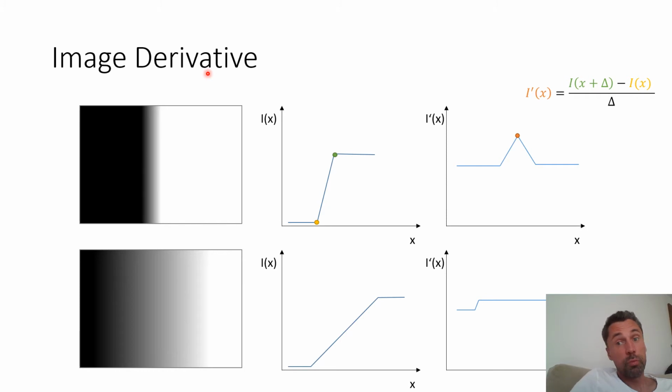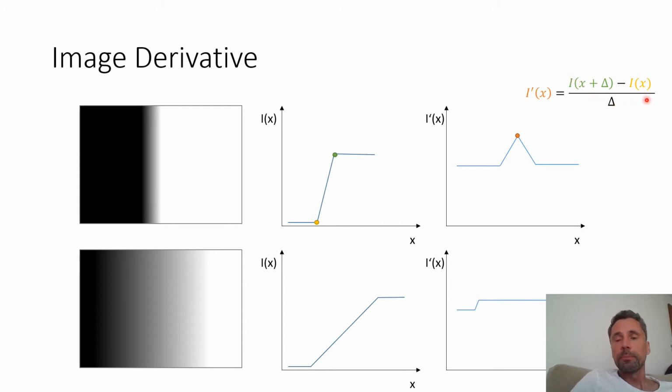And so what is this? Well, we basically look at two positions in the image, x and x plus some delta, and we can think of this as being 1 pixel. So we compare the image brightness between two neighboring image positions.